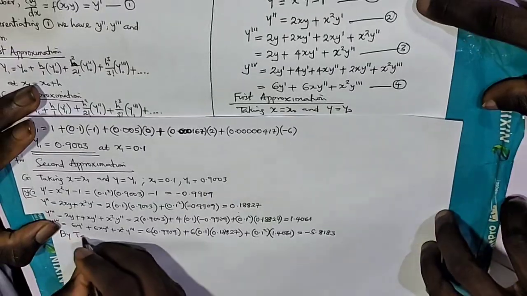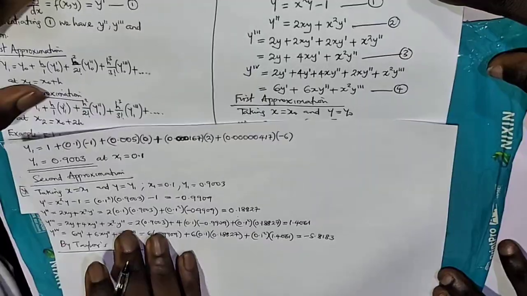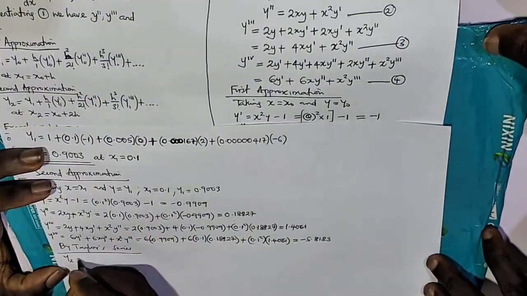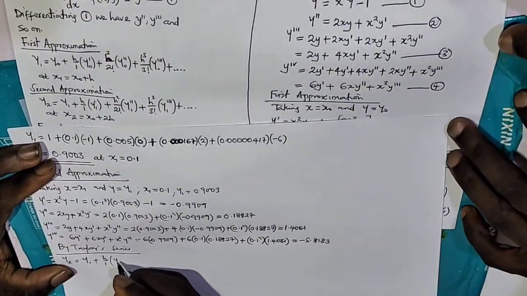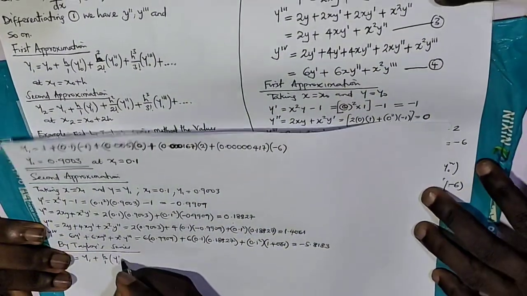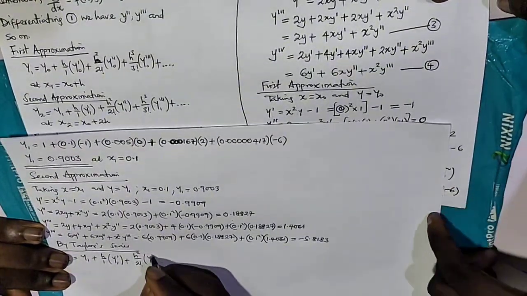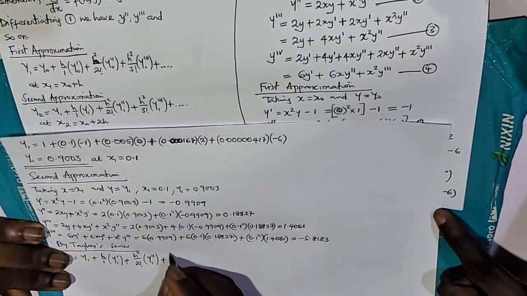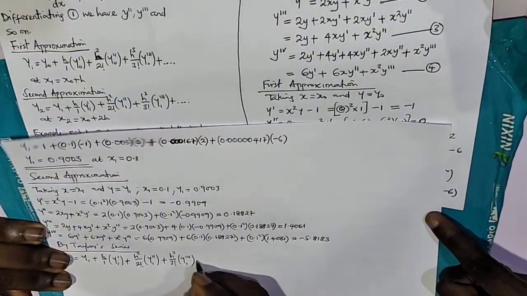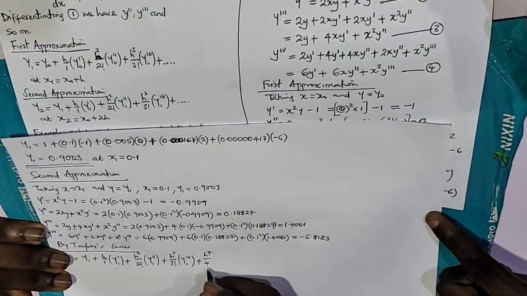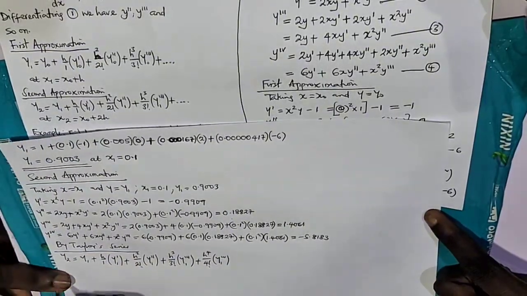So by Taylor series, our second approximation, y2, is equal to y1 plus h over 1 y prime plus h squared over 2 factorial y prime prime plus h to the power of 3 over 3 factorial y prime prime prime plus h to the power of 4 over 4 factorial y to the power of 4.